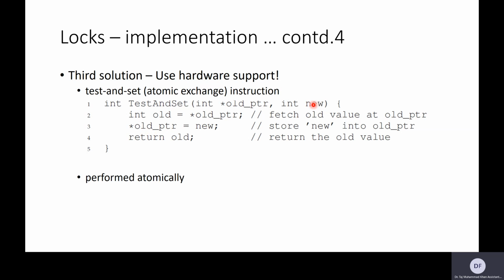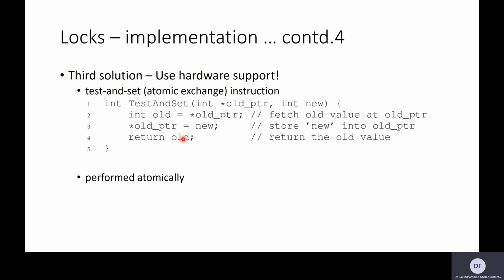So it will store this value at this memory address, and it will return the old value that was at this memory address. Okay? So that's why it's called exchange. It is taking the old value and replacing it with the new one at this address. It will return the old value to us in the processor.